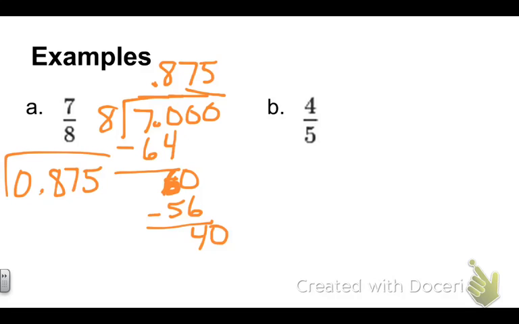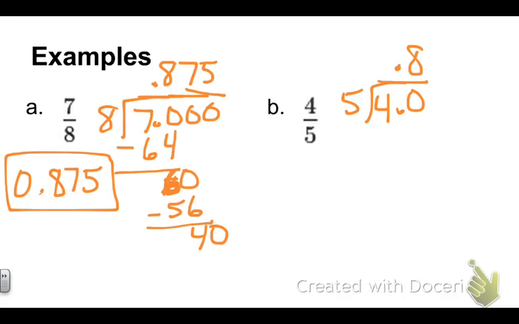There is no more repeating. It does not go on forever and ever. It stops, so it's a terminating decimal. It's the same with 4/5. 4 divided by 5. Boom. That was an easy one. That one's going to terminate to 0.8.